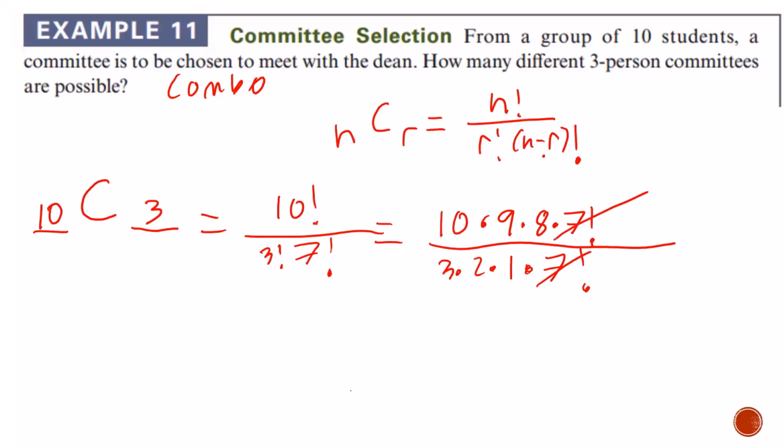Then you can even do this by hand without your calculator by using some tricks. That 3 goes into the 9 3 times, and this 2 goes into the 8 4 times, and of course 1 doesn't matter. So I have 10 times 3 times 4, which is 120. You can see this structure.